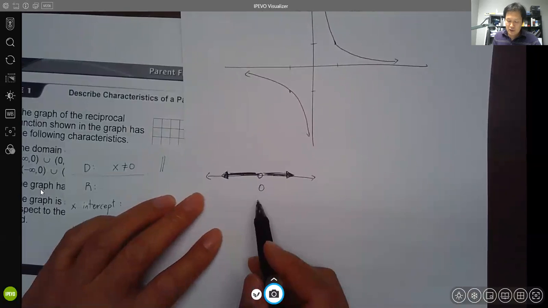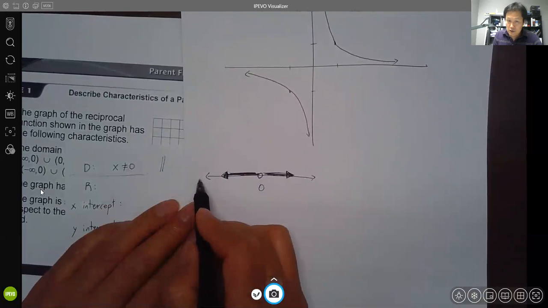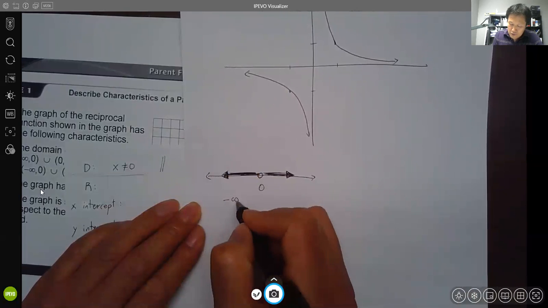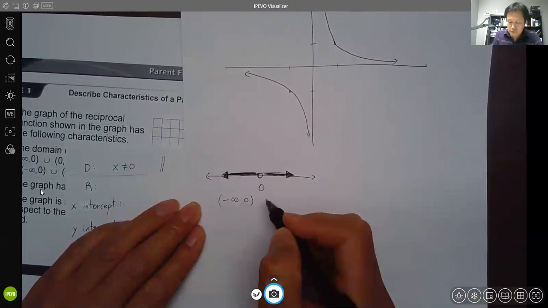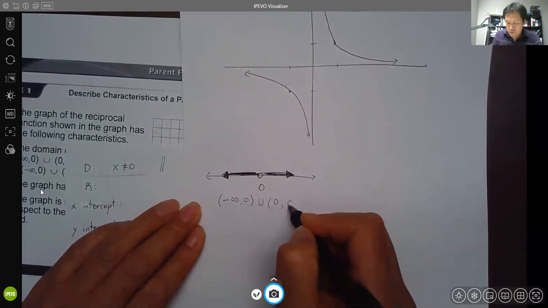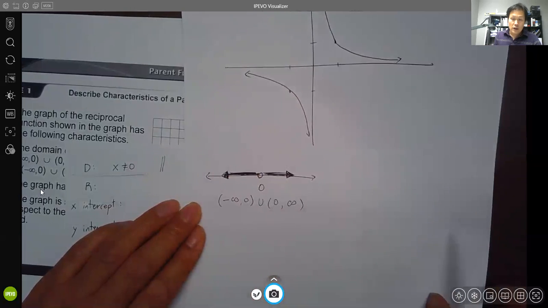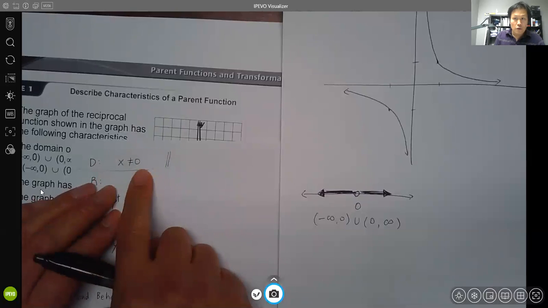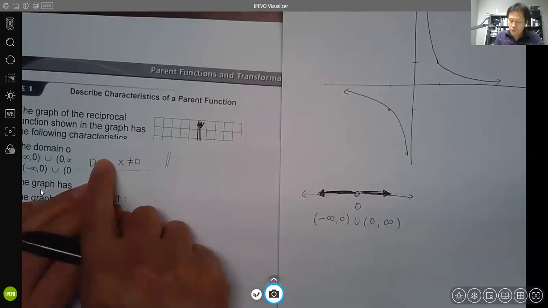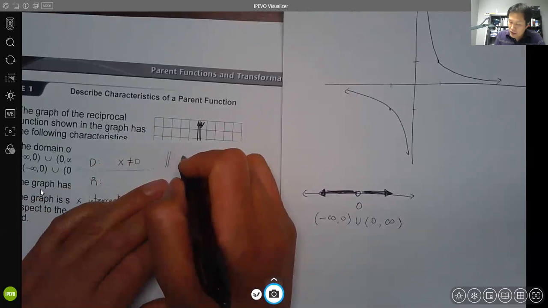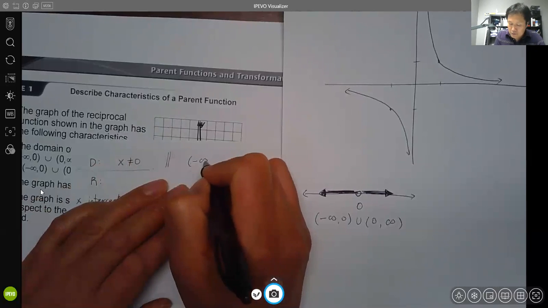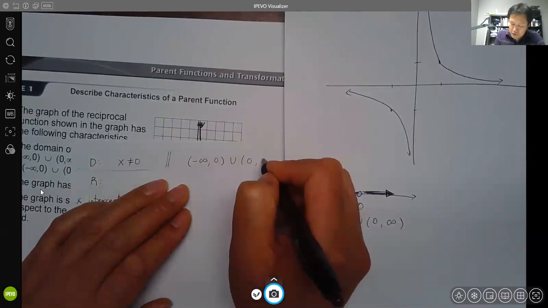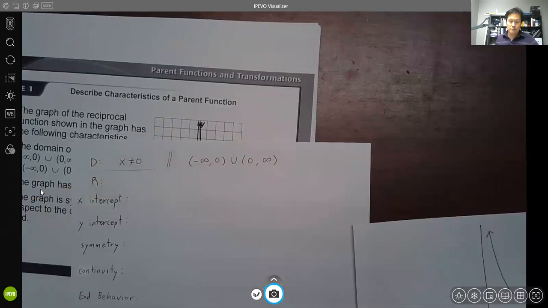How do you express that? Minus infinity to 0, union with 0 through infinity. So that's the interval notation way. If they ask you to write it as interval notation, this will be the answer for the domain.